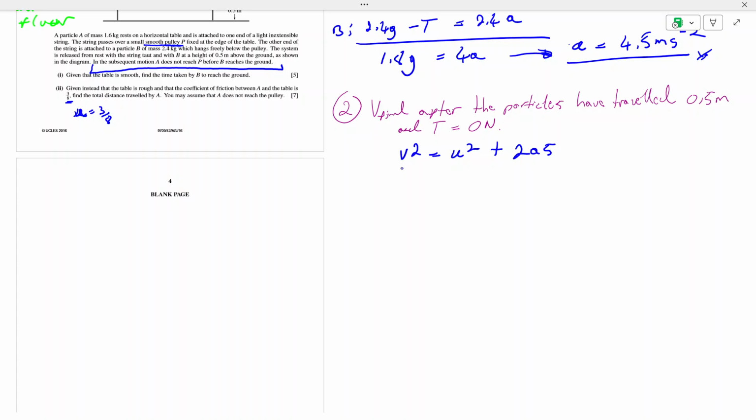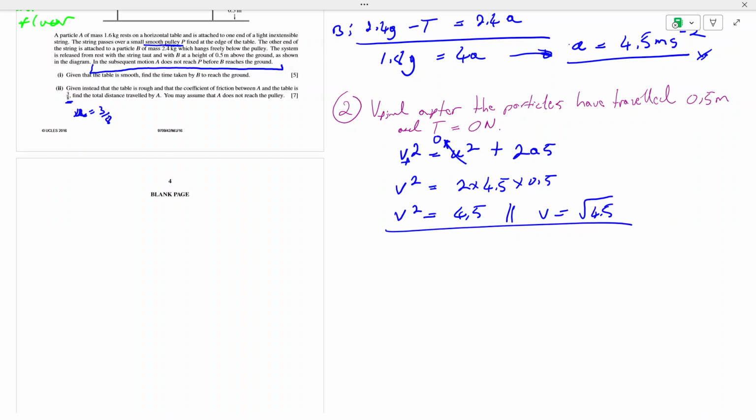We know that u is equal to 0. So v squared is going to be equal to 2 multiplied by 4.5 multiplied by 0.5, so v squared is going to be equal to 4.5. As you'll see later, we're actually going to use v squared instead of just v, root 4.5. I'm going to leave it exact, like that.